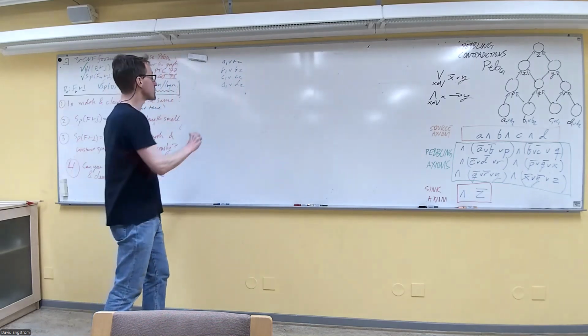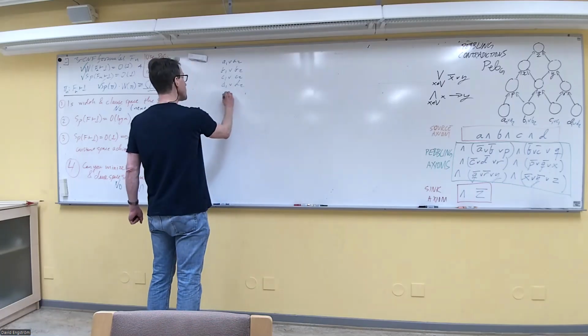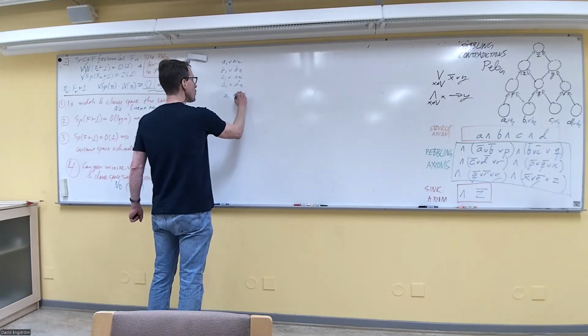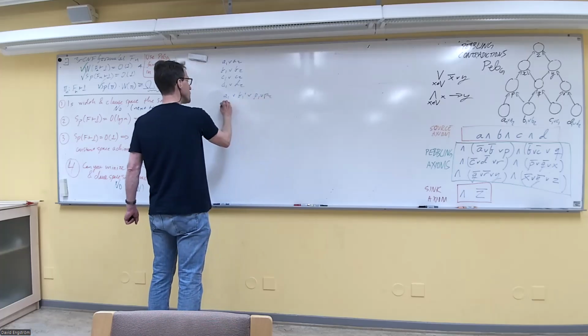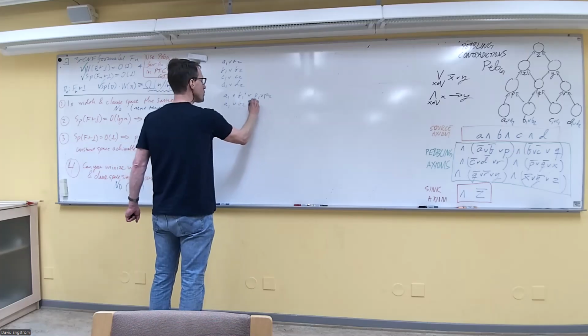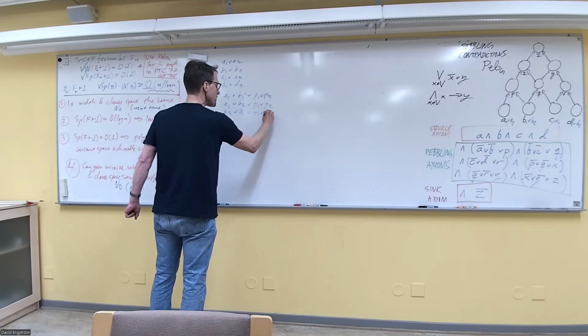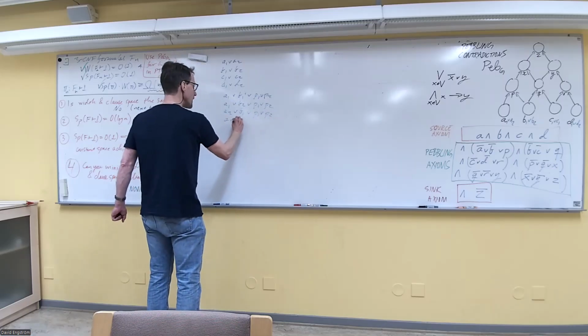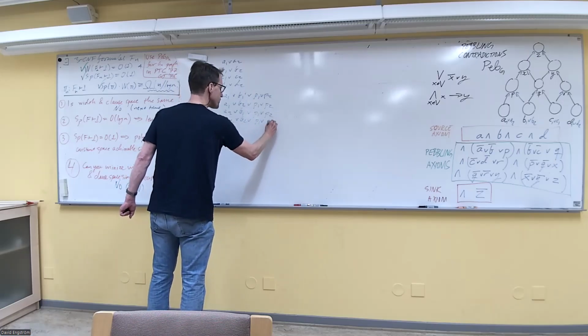What are the pebbling axioms going to be? Well, let's just do the first one. a1 or b1 or p1 or p2, a1 or b2 or p1 or p2, a2 or b1 or p1 or p2, one to go, a2 or b2 or p1 or p2.